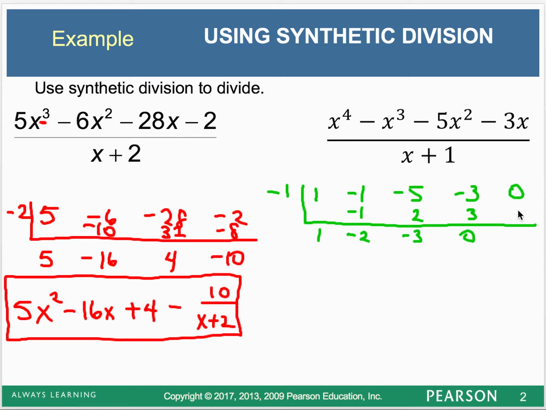And negative 1 times 0 is 0. Hey, look, this time I didn't have a remainder. Since we started with a 4th degree polynomial, our answer will be 3rd degree: x cubed minus 2x squared minus 3x. Notice there's no constant term and there's no remainder.